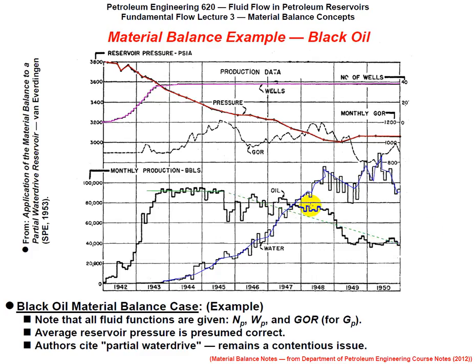Okay, so oil, water, pressure, number of wells. I'll leave the GOR alone, but you can see that what happens is they're managing the pressure and the GOR, and the GOR starts to drop when the water influx comes in. You've got all the functions here. Everything was measured.